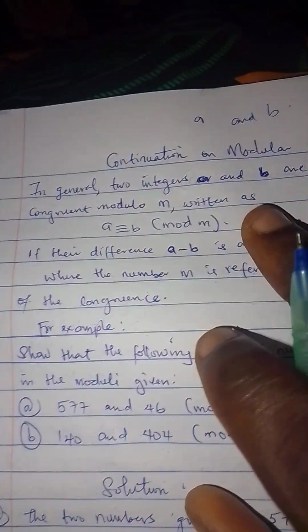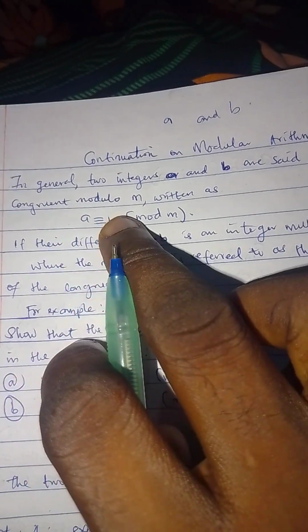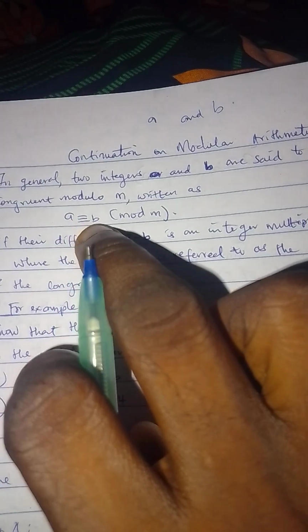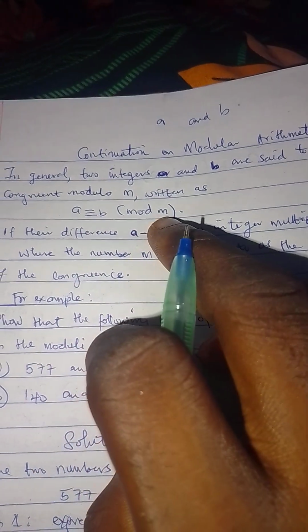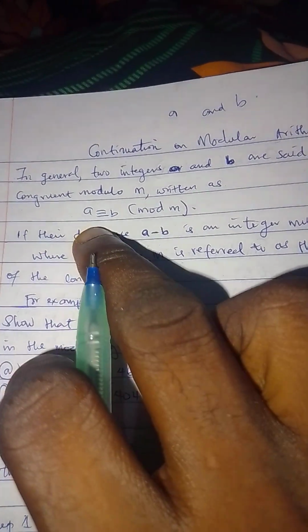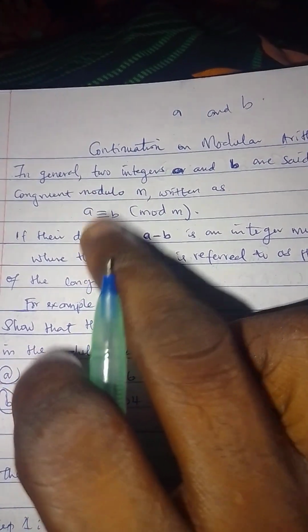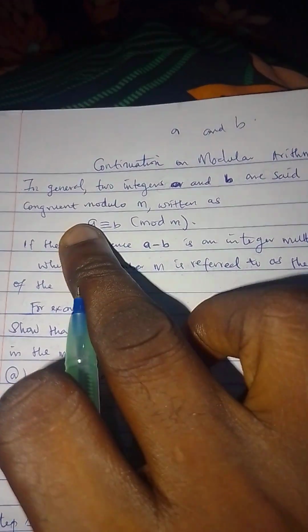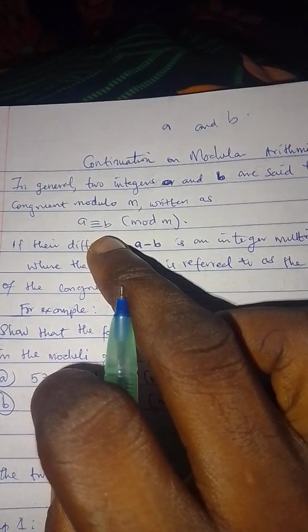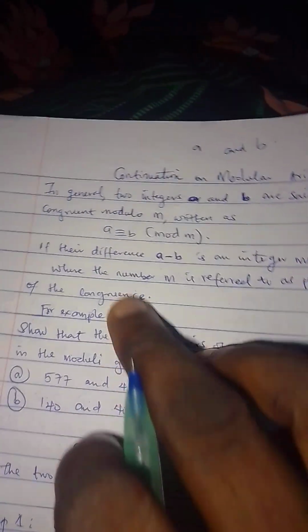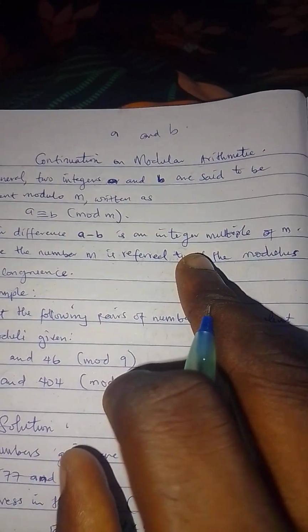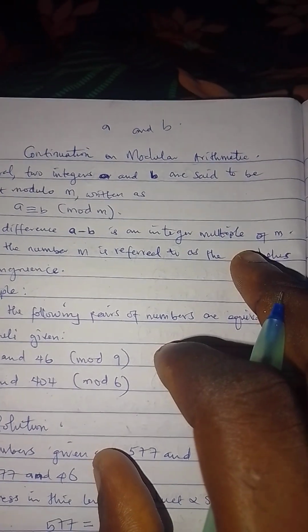Two integers a and b are said to be congruent modulo m, written as a congruent b mod m. Now, what condition does this satisfy? When you say a and b are congruent, the condition is that their difference must be an integer multiple of m.